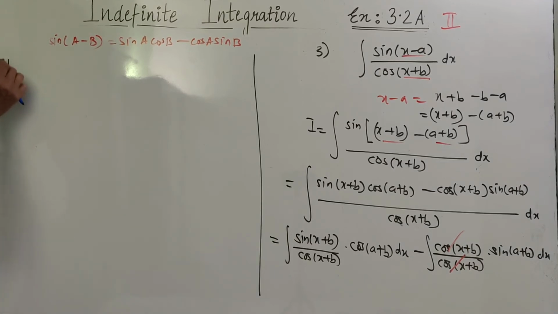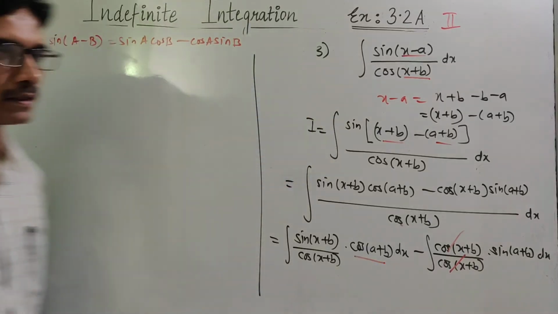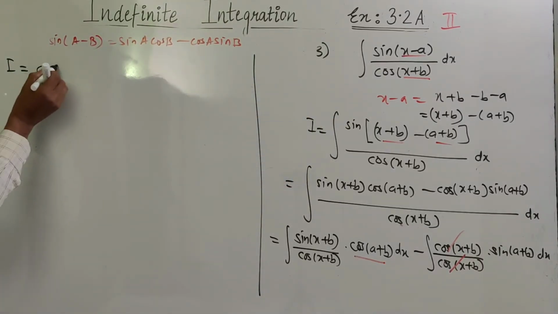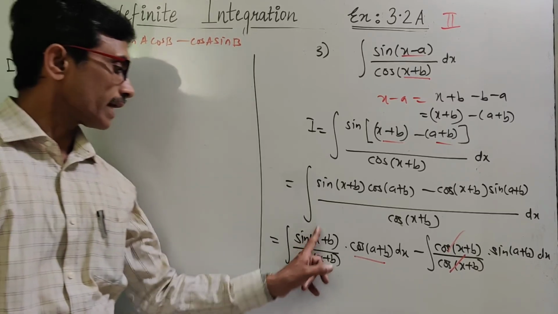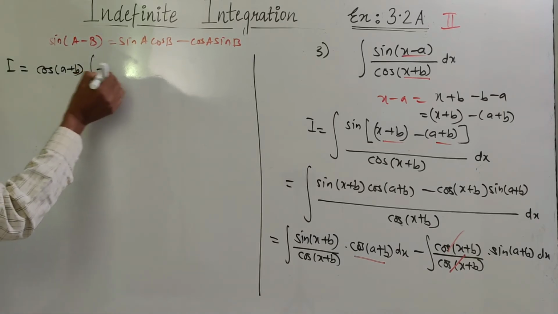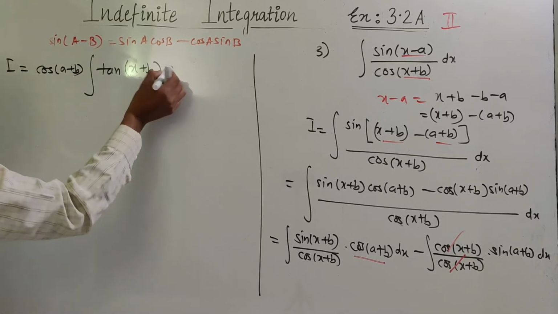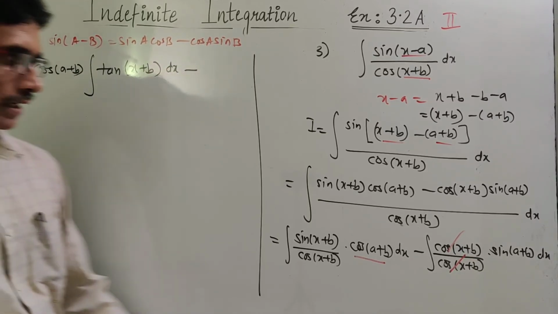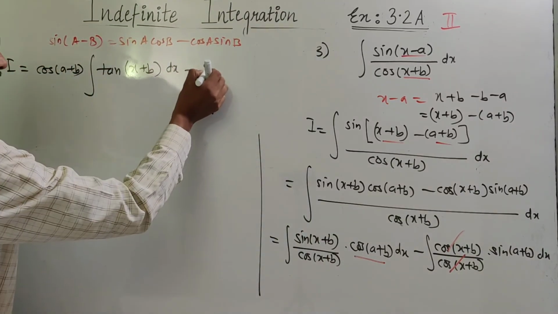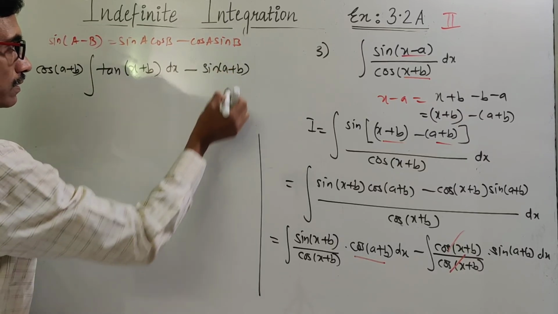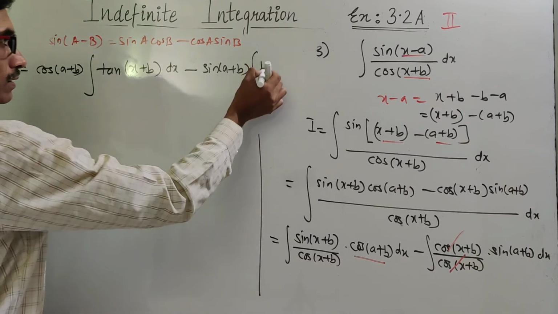So our integral I will be equal to cos of (a plus b) is constant, which we write outside the integral, and sin upon cos will be tan: tan of (x plus b) dx minus, again this sin of (a plus b) is constant, and the integral of what is left over here, 1 dx.